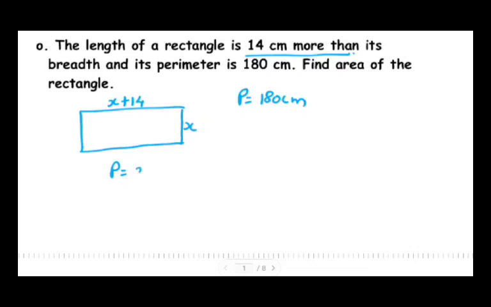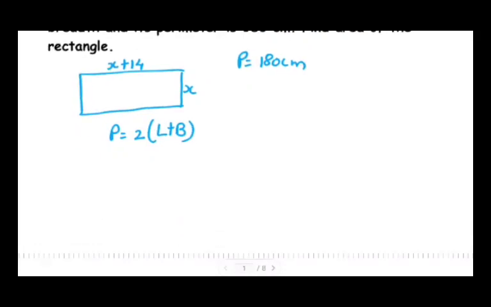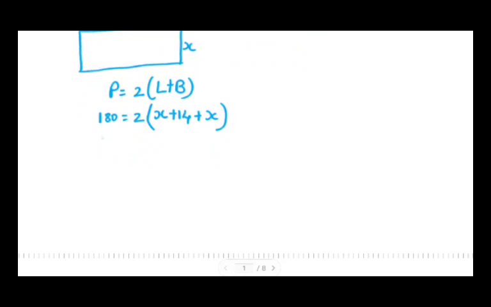Perimeter of a rectangle is twice L plus B, twice the length plus the breadth, correct? Instead of perimeter, now I'm going to substitute it with the number. Twice my length is x plus 14, my breadth is x. 180 is equal to 2 into, so first I'm going to solve things within the bracket.